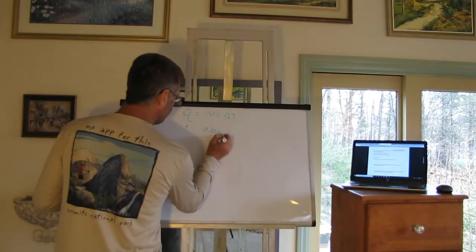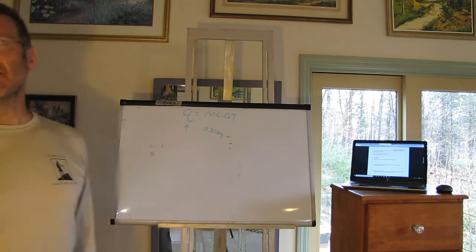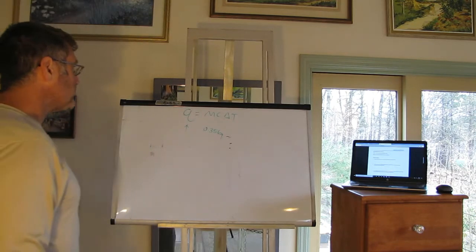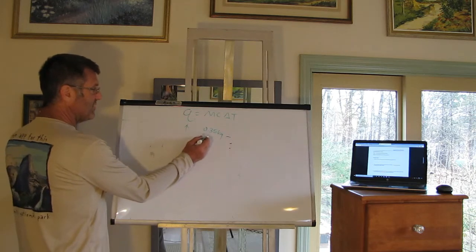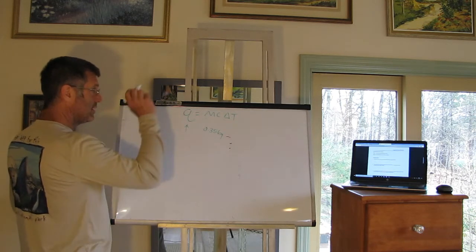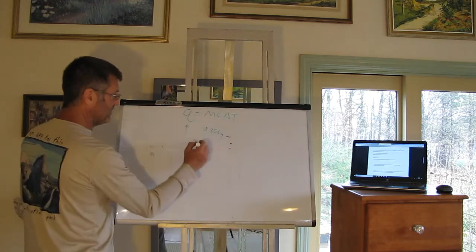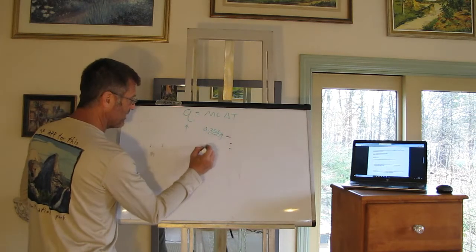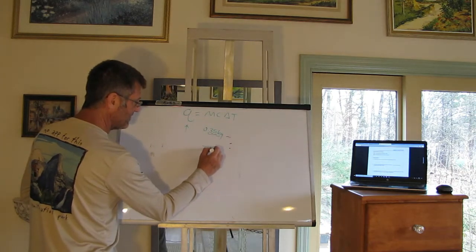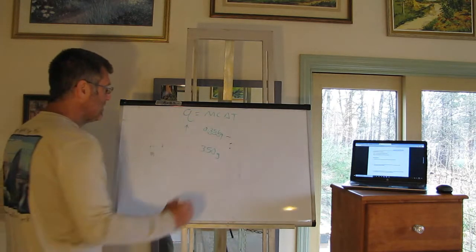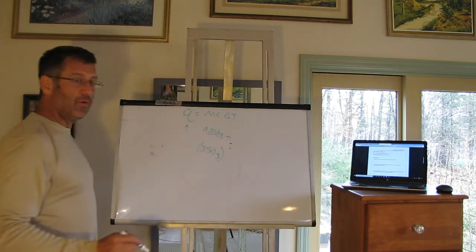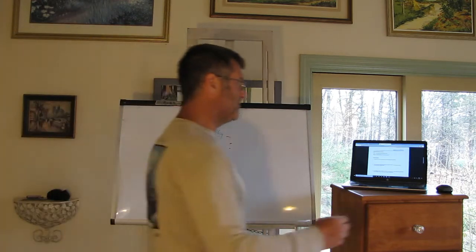It says 0.35 kilogram. Let's convert it to grams. Kilo is 1,000, so I have to move the decimal from kilo to gram 3 places. When I go 1, 2, 3, that is 350 grams. So we know that for the mass. Now, the material was gold. Do we know the specific heat of gold?